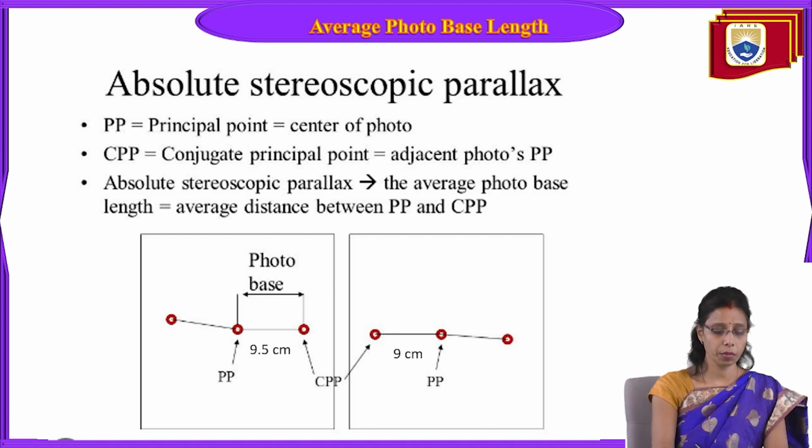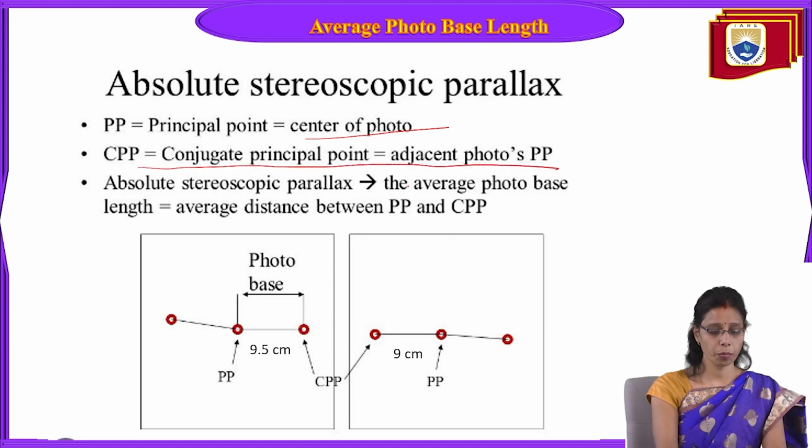Now, the same example is given here. The principal point is the center of the photo, CPP is the conjugate principal point on the adjacent photo. Here we can clearly see this is your PP and this is your CPP, and this is your CPP and this is your PP.